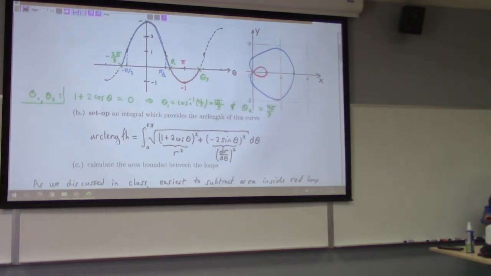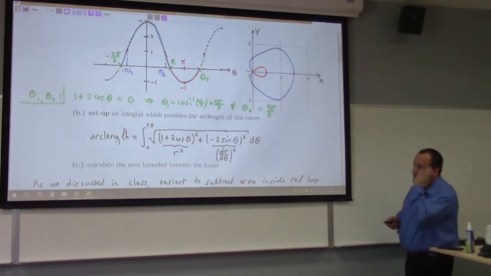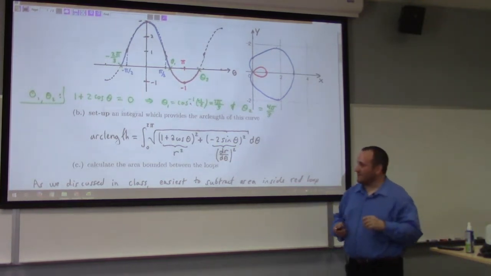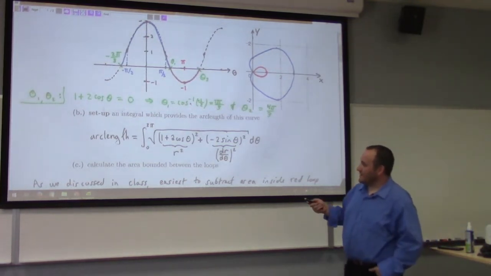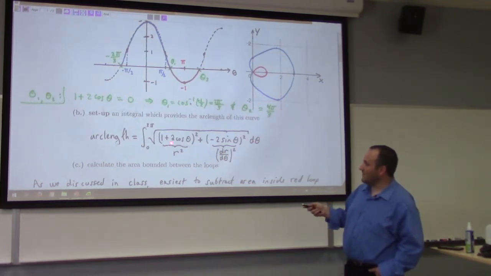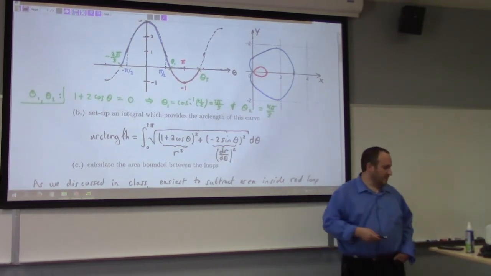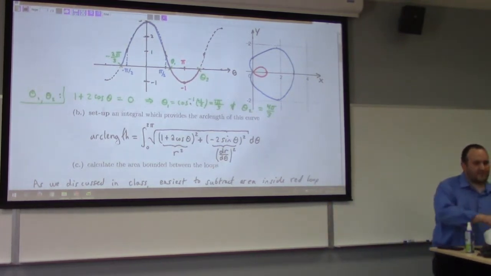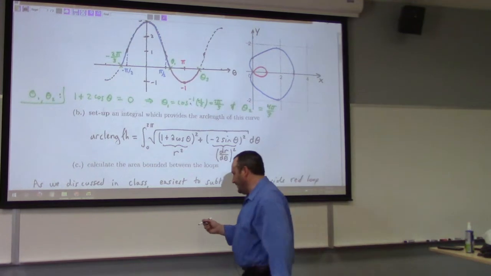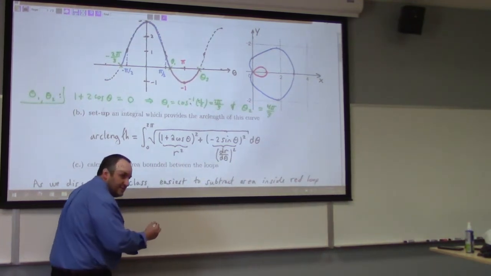Goodness gracious, grading the quiz, so many, maybe not you guys, I don't know, I can't remember. I try to forget. But there are many people who had not settled in their mind how to calculate arc length with respect to, like, a polar graph. You can view this as a special case of the more general: if you have a parametrized curve, what's the arc length?